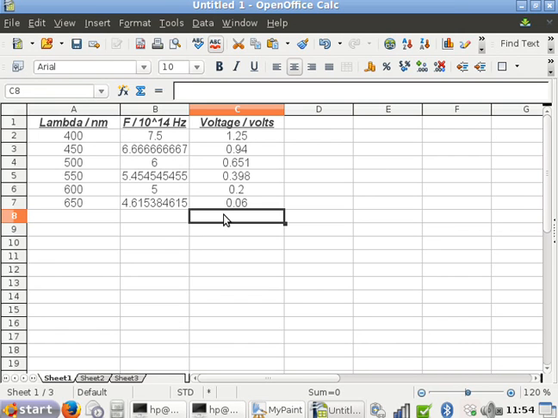So that means the biggest wavelength should correspond to a voltage of 0 as well. Now look at what's happening to the wavelength. It's getting bigger and the voltage is getting smaller. So we have 0.06 as the last reading. This makes me think that the answer should be more than 650, but not much more than 650. And the answer is 657.